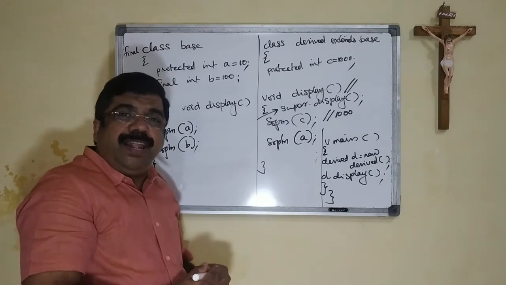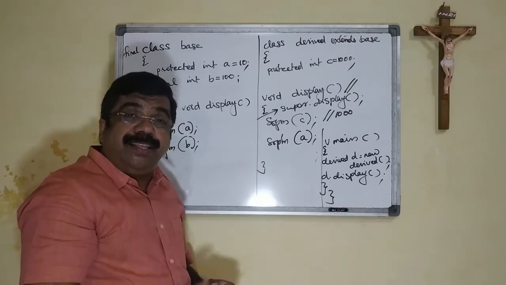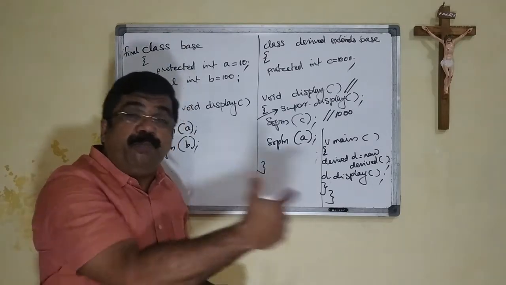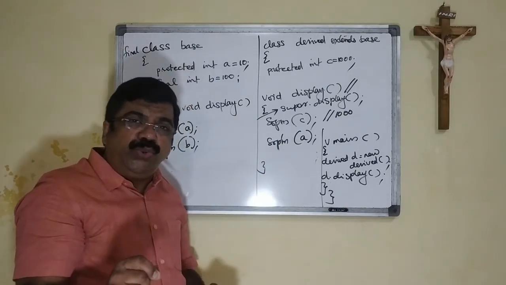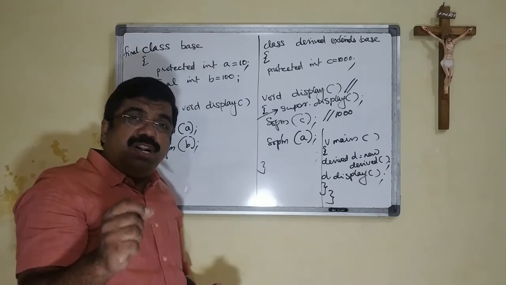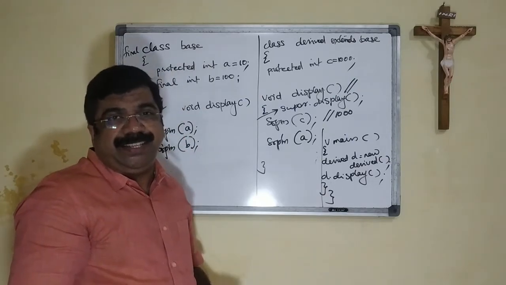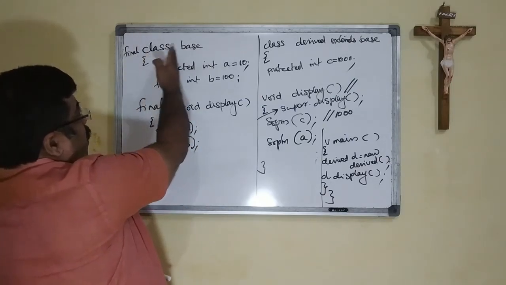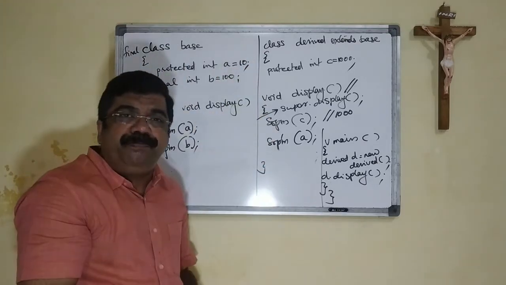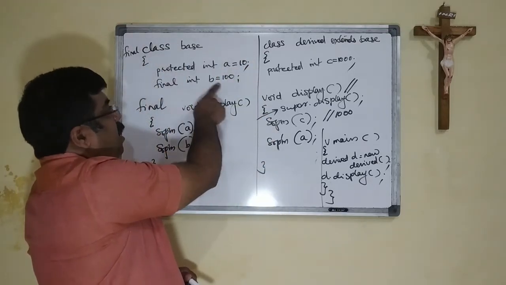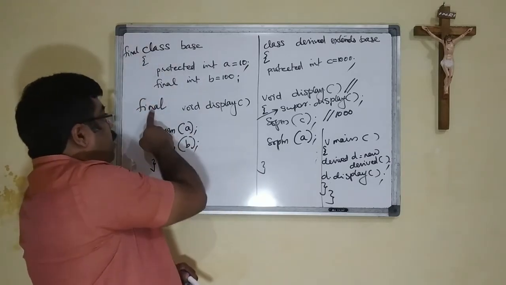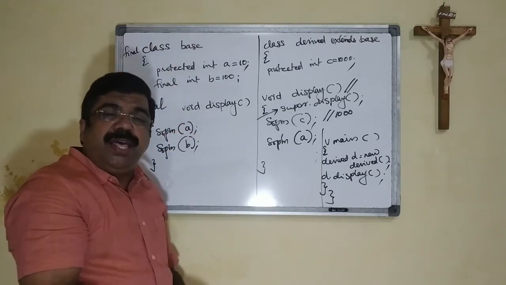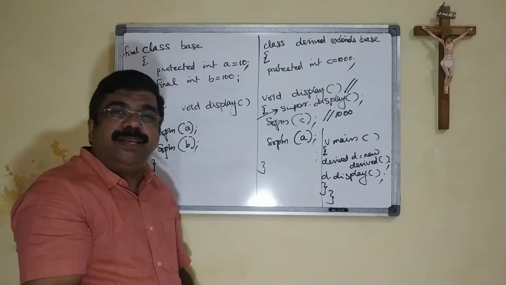Now, let's discuss the final keyword with the third point. What will happen when we use this final keyword on a base class? Here, we had the same program. The final data member was there in the base class. The final member function was there in the base class.